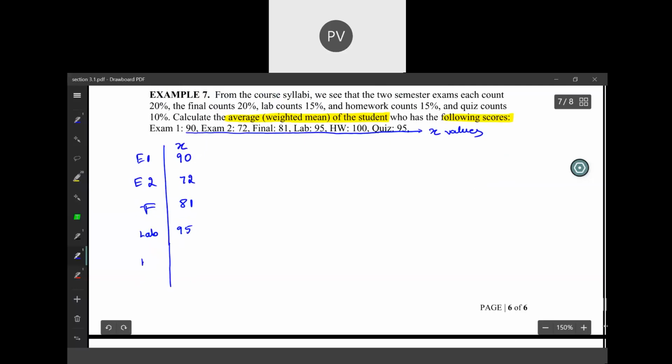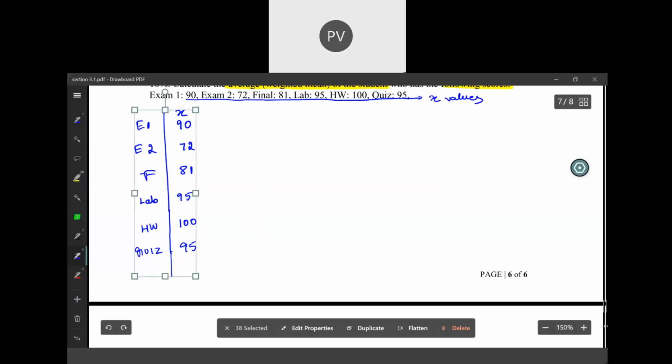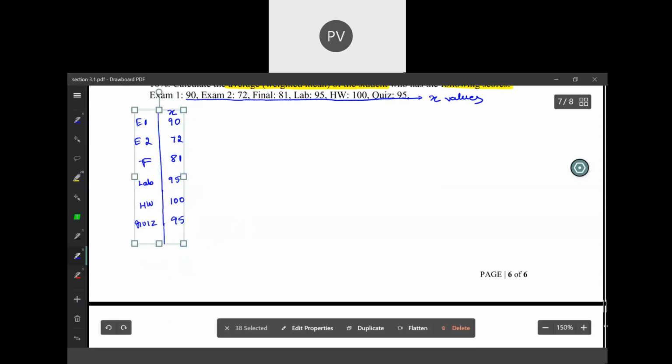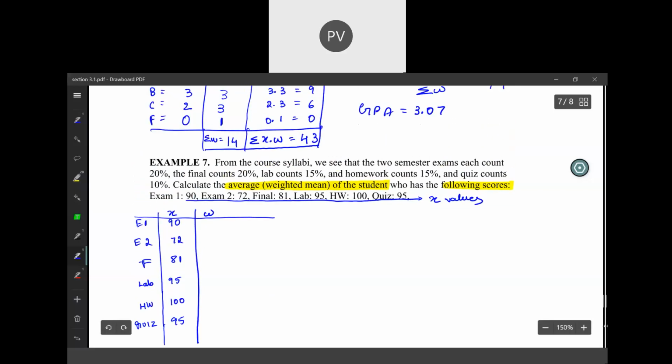Quiz is 95. These are the x values. Now the weights. What are the weights here?